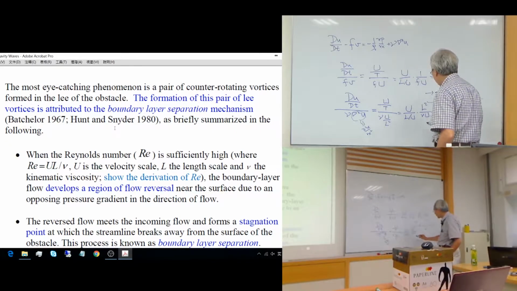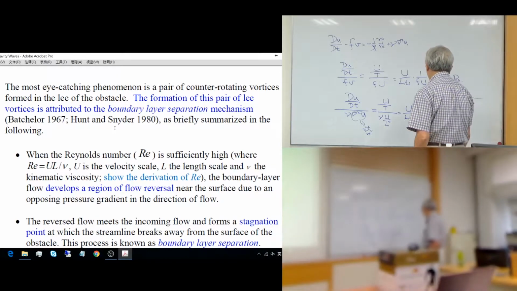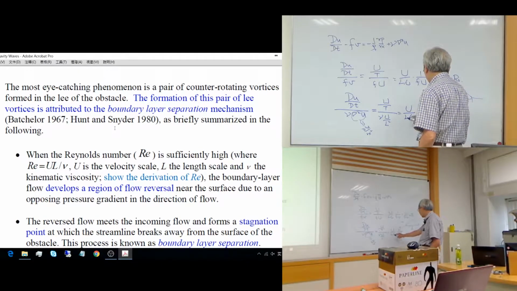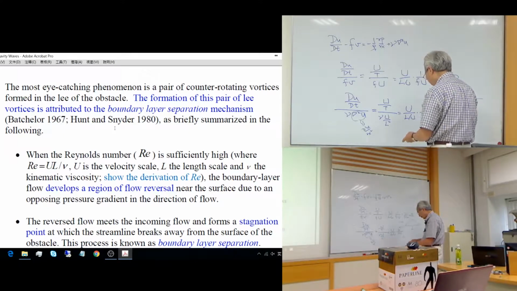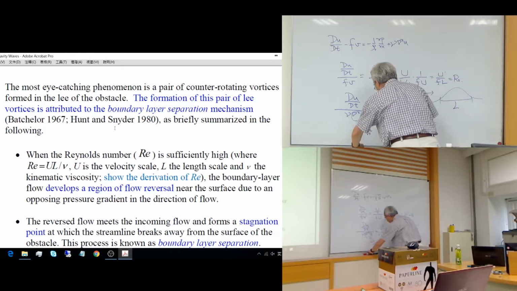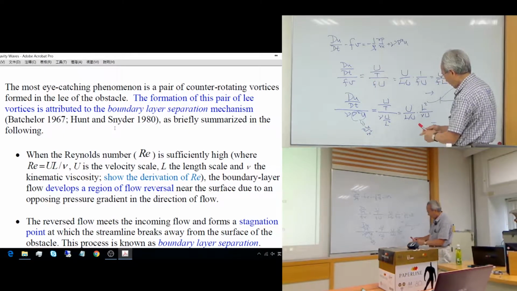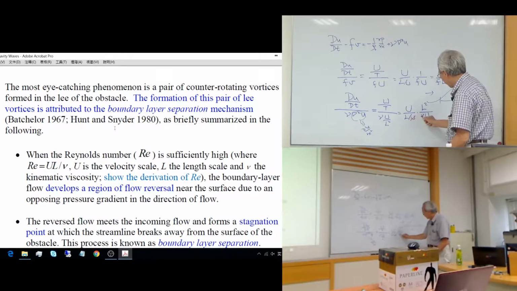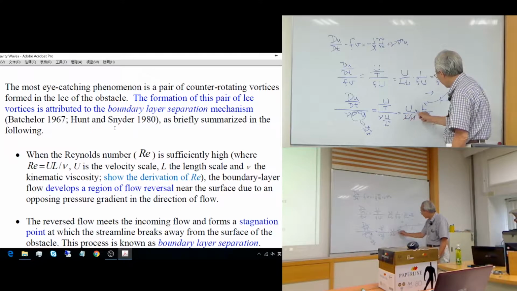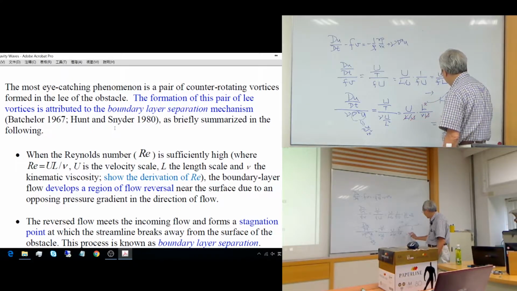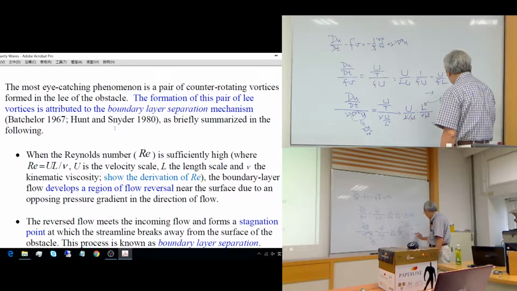So the L cancels out, one U cancels, and then one L cancels. Then we have U times L divided by nu, and this is called the Reynolds number.